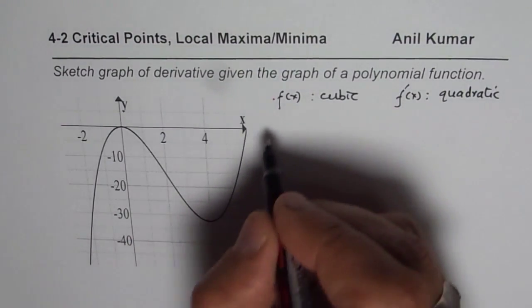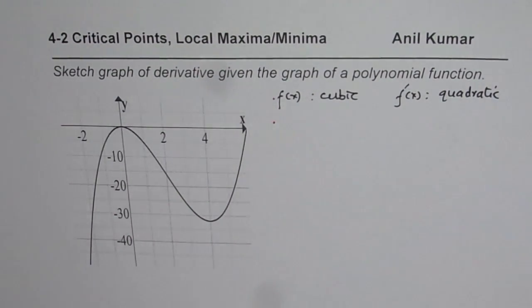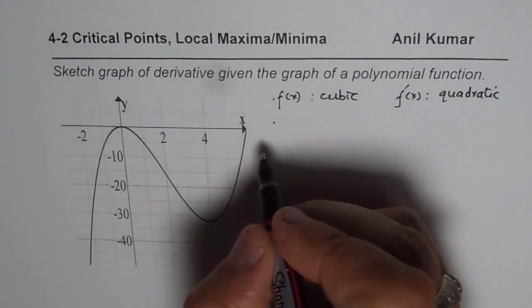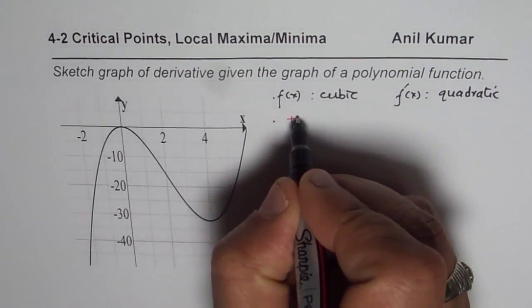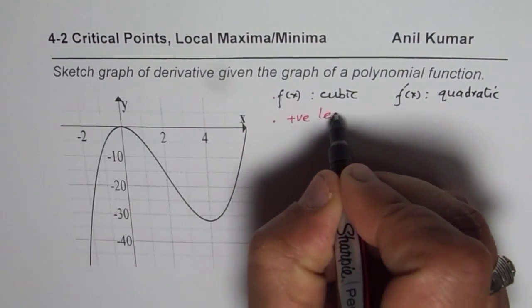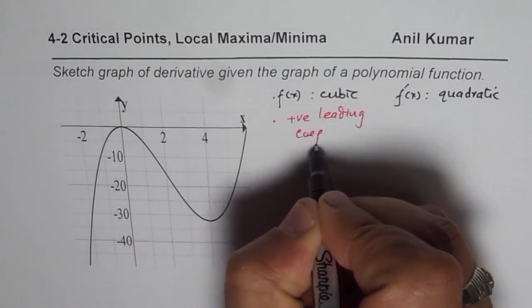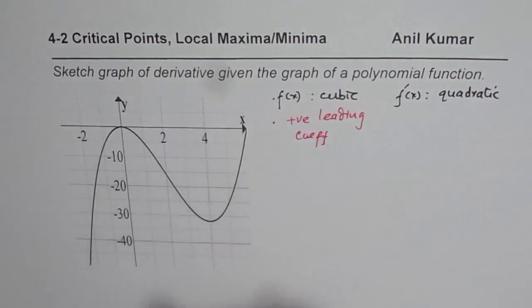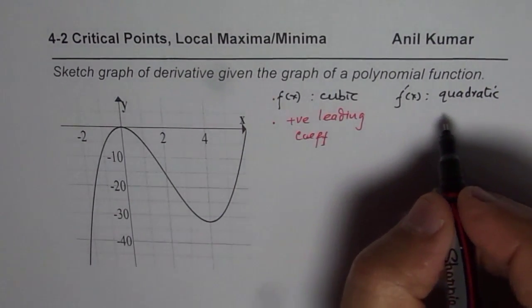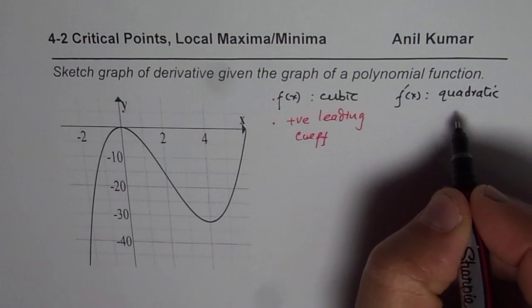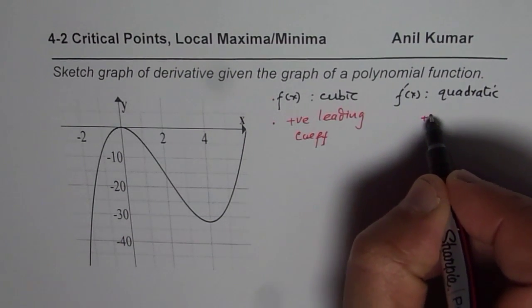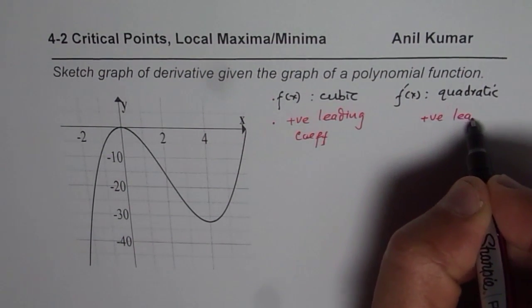As the right side is up, we can say that the leading coefficient is positive. So if it has a positive leading coefficient, the quadratic function should also have a positive leading coefficient.